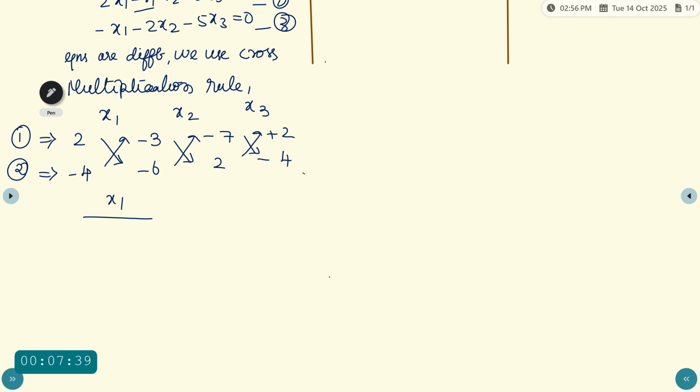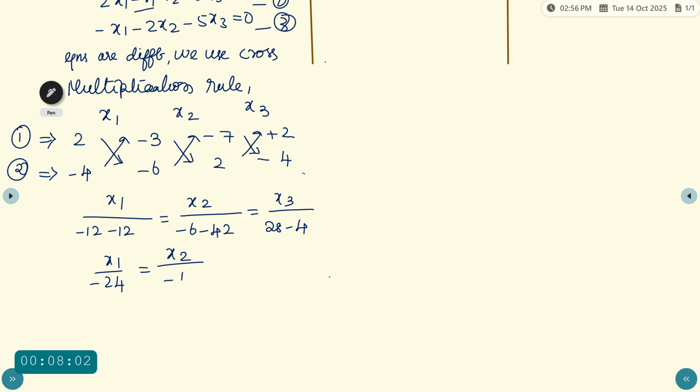X1 divided by 2 into minus 6 is minus 12, minus 12. Next x2 divided by minus 6, minus 42, and then x3 divided by 28 minus 4, which is minus 24. So the x1 value is minus 24, x2 is minus 48 and x3 is 24.